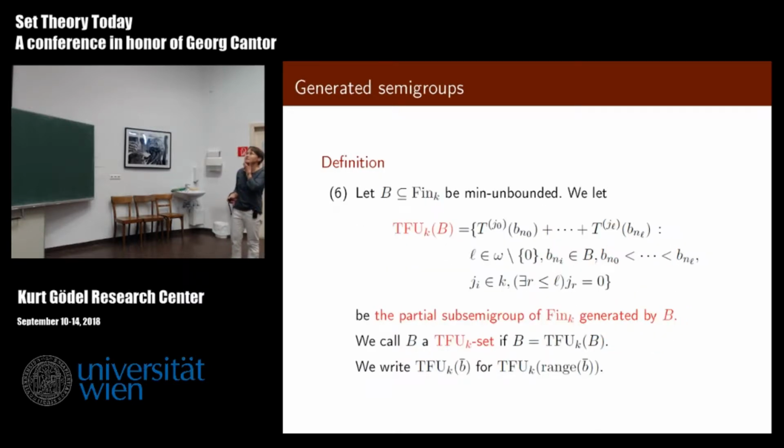Now we need an infinite space, so there is a step in complexity. It is a set B of blocks. It can be meshed or weird or anything, but there is one condition: it's min-unbounded. This means that for each natural number n it contains at least one block that starts after n.